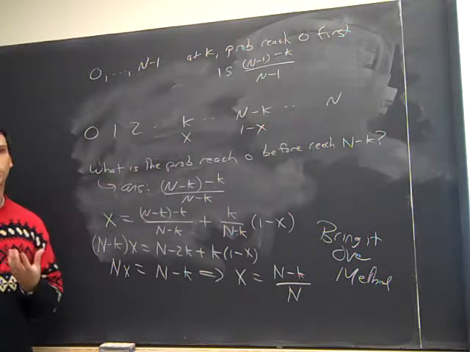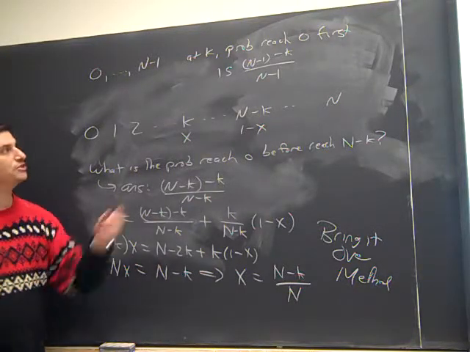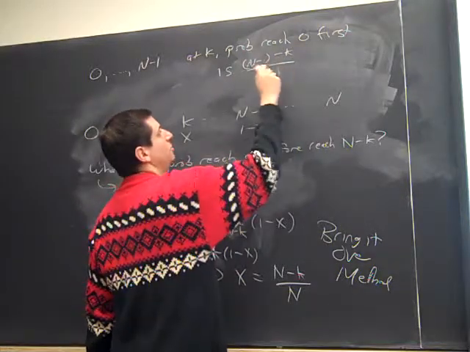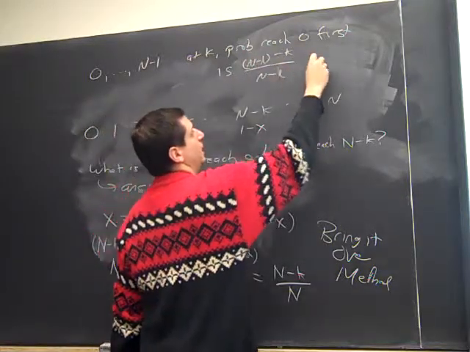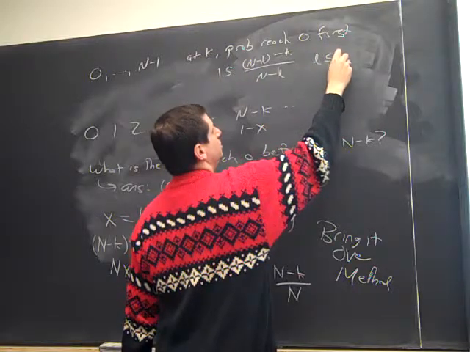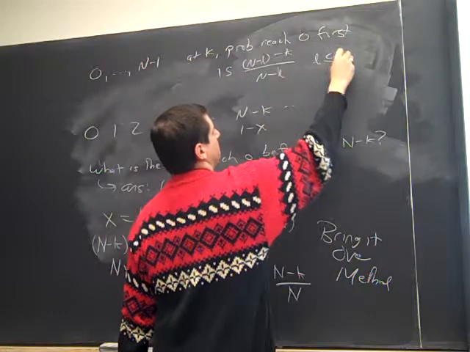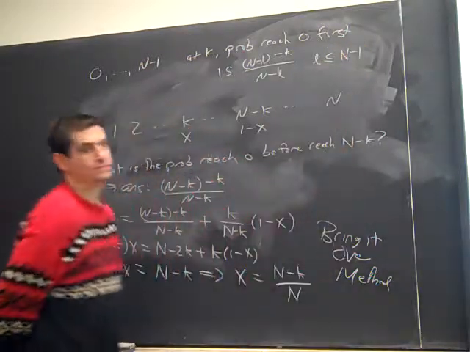Technically, this is the strong form of induction. Normal induction, I would only look at n minus 1. But here, I'm really looking at n minus l for any l less than or equal to n minus 1.